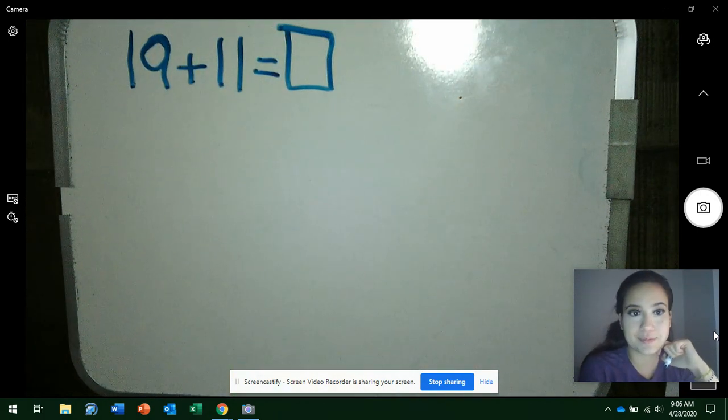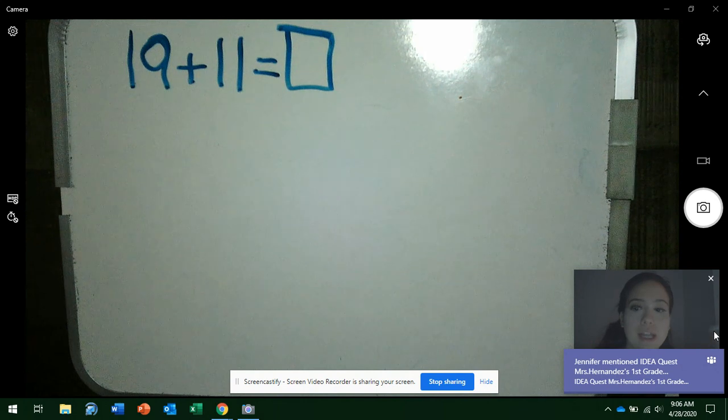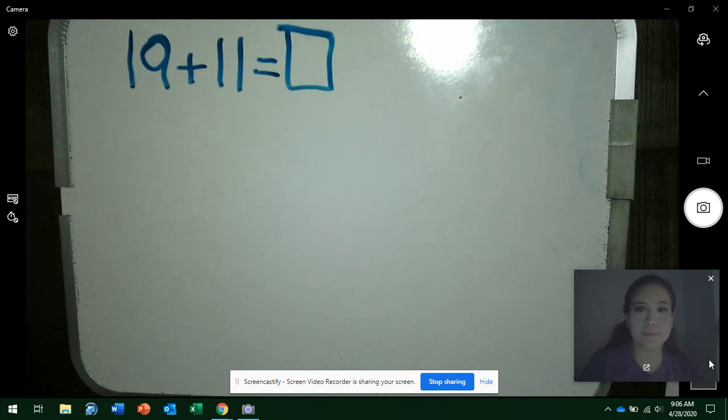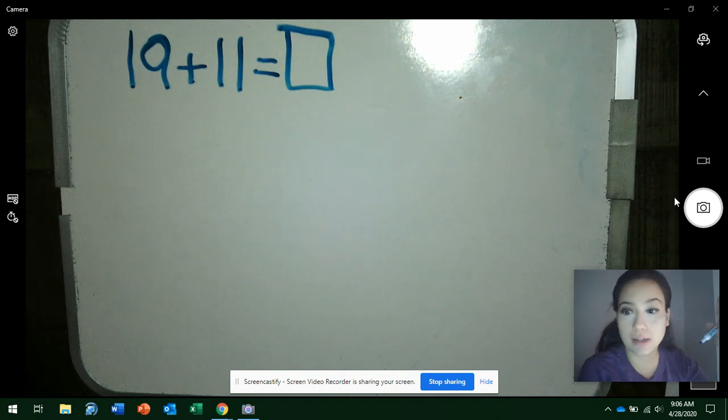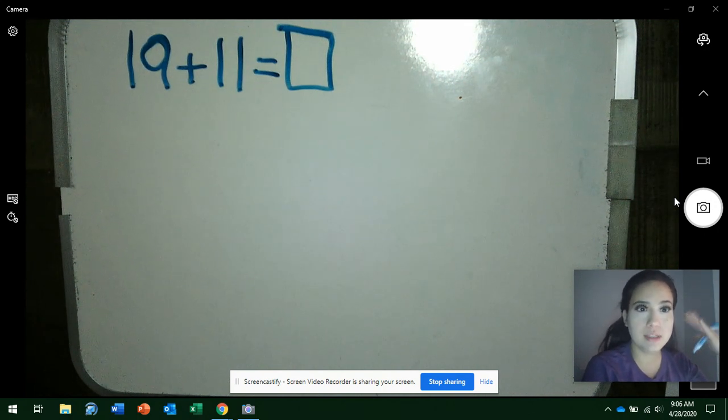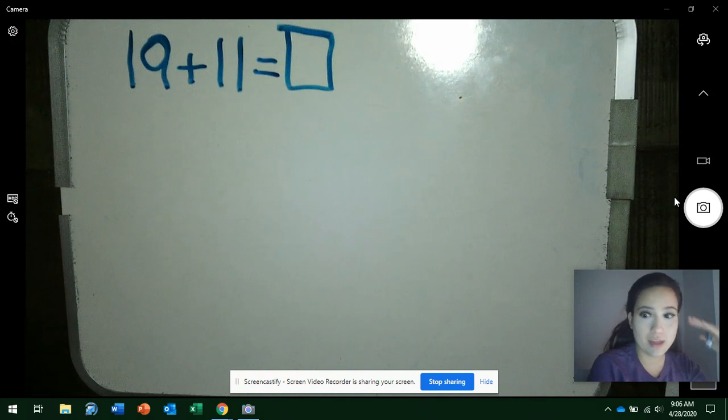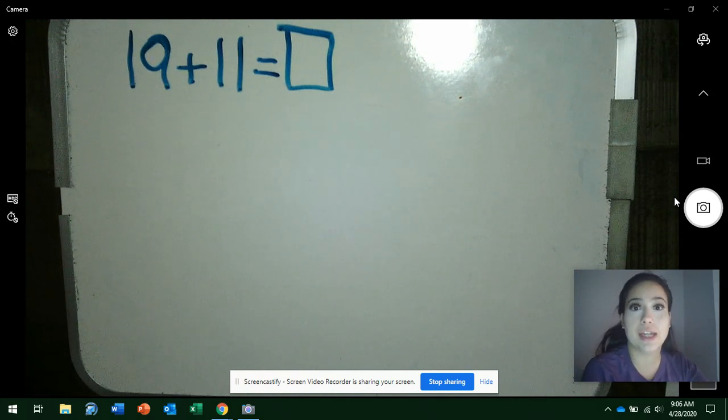ready? So, in our last lesson, we practiced breaking apart, decomposing the smallest number. For this one, we're going to practice decomposing the number that's closest to the next 10.